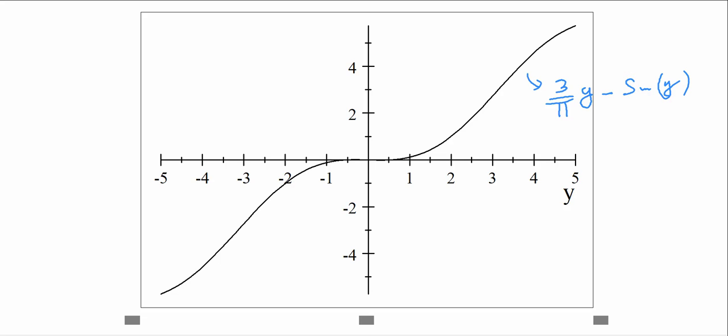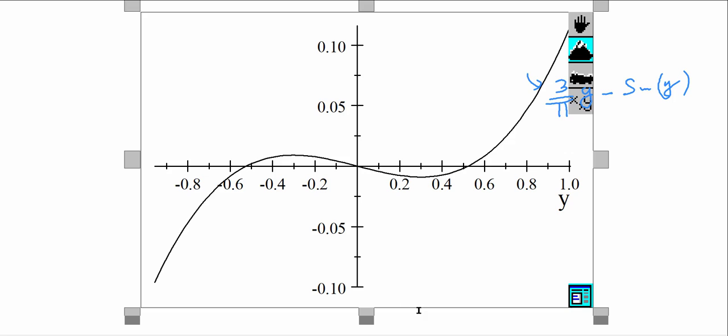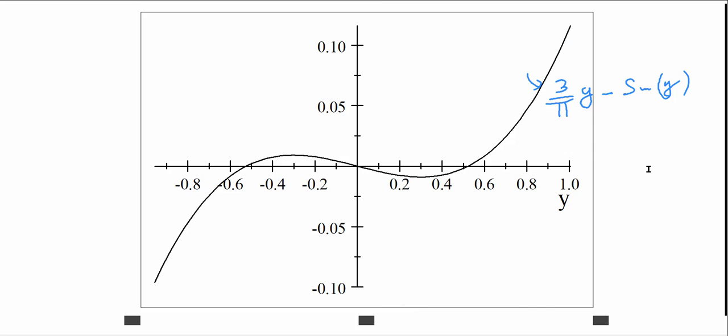You can see this is how the graph goes. Zoomed in, and it depends on which software you are using for graphing, you can see that the 3 points where dy/dt equals 0 are negative pi over 6, 0 and pi over 6.